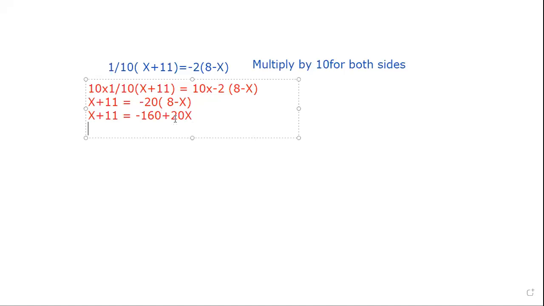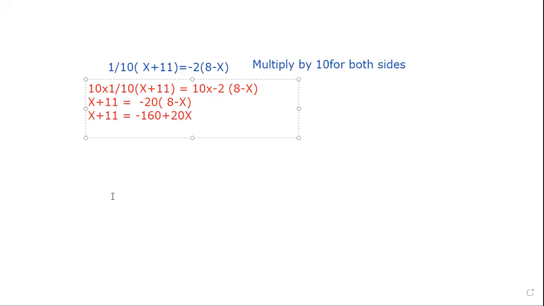Okay, then next. What is the next step? We have x in both sides, right? We have x on the left side and x on the right side. Who will answer? Raise your hand, please. Adam, go on. It will be x minus 20x. Okay, so you prefer to transfer 20x to the left side.